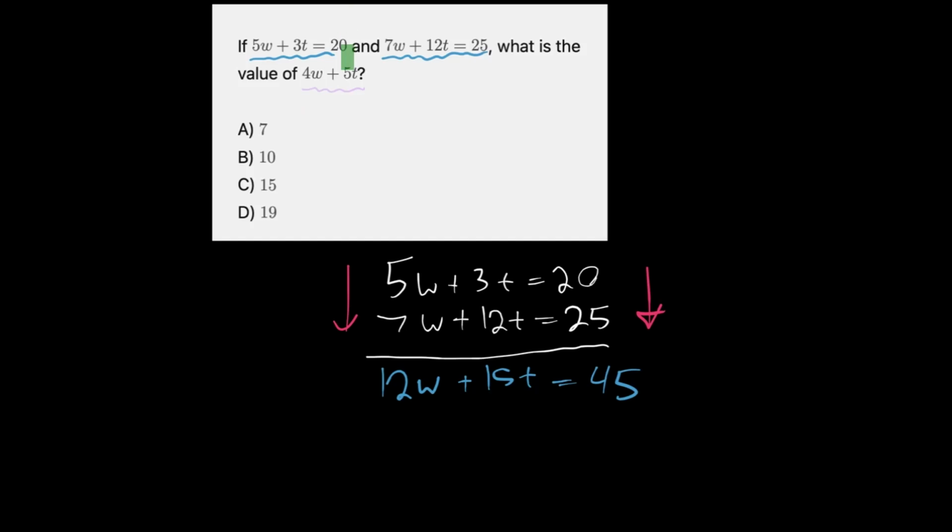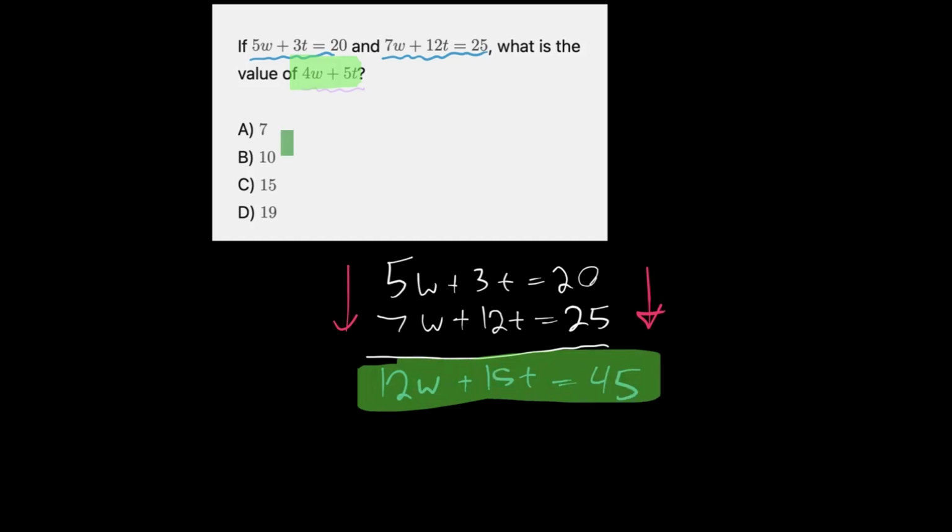And now what we need to do is see the relationship between what we have right here, 12w plus 15t equals 45, and what we want, which is the 4w plus 5t. That relationship is a factor of 3 because 12w divided by 3 is 4w, and 15t divided by 3 is 5t.